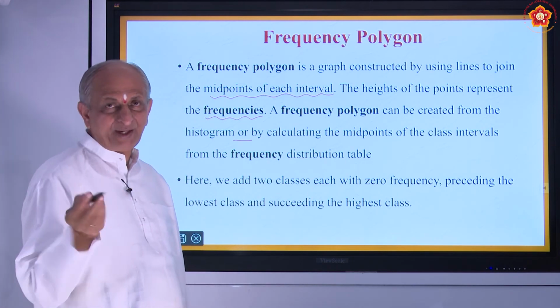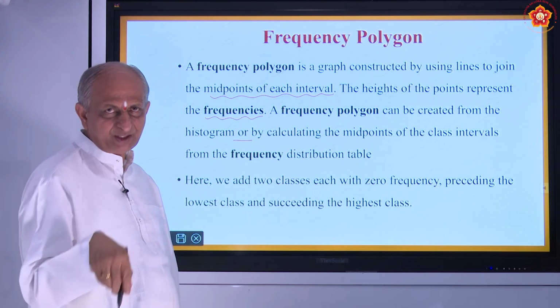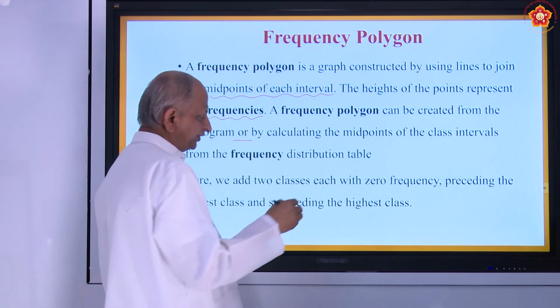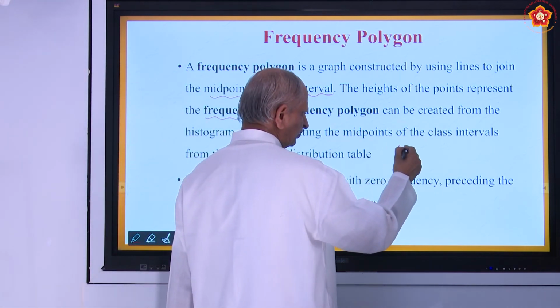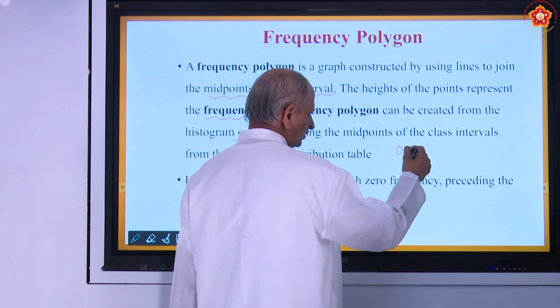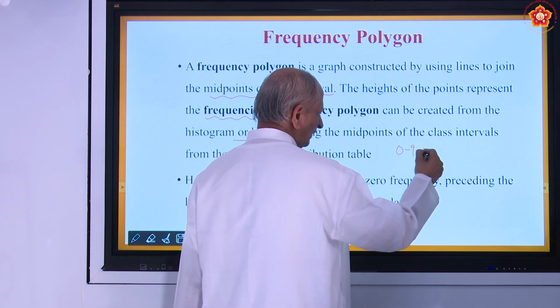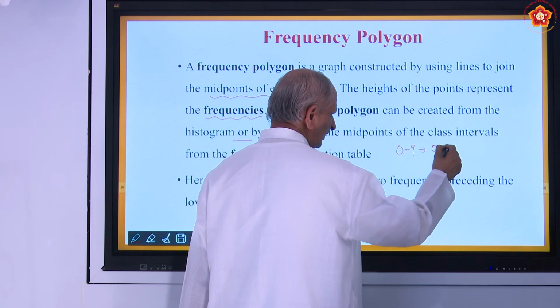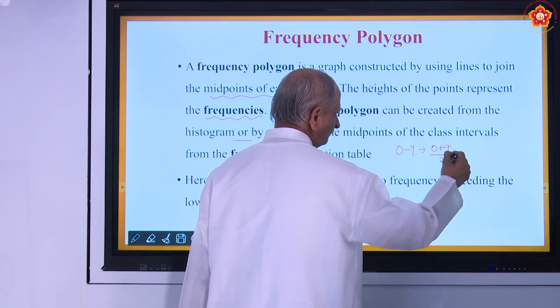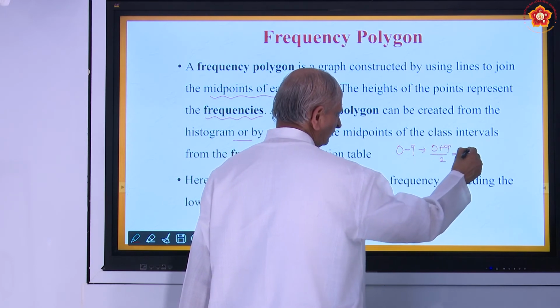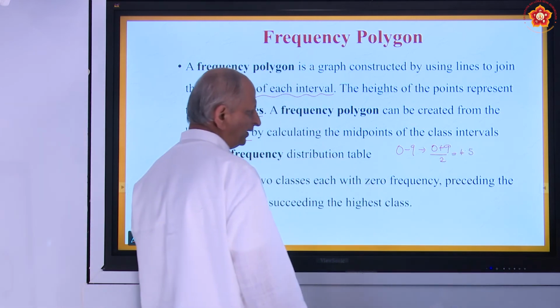Midpoint means you must take the average of the first and the last, divided by 2. For example, if the class interval is 0 to 9, then the midpoint is 0 plus 9 by 2, that is 4.5. That is the midpoint.